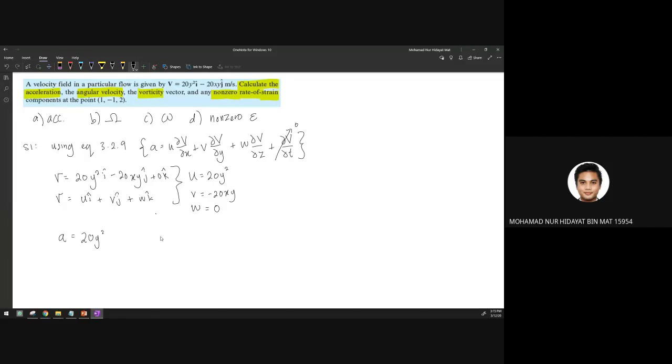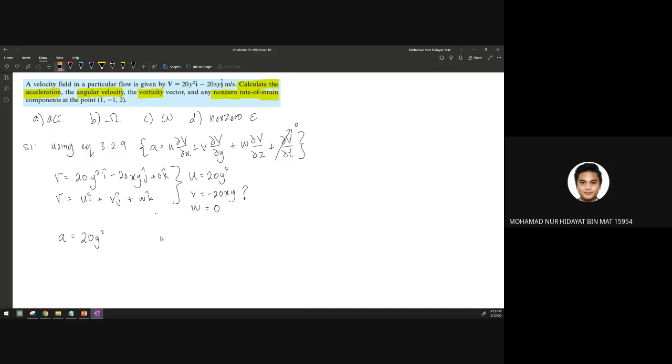Are we going to use this v? This is capital V, the total velocity vector. This is the velocity in the y component, right?